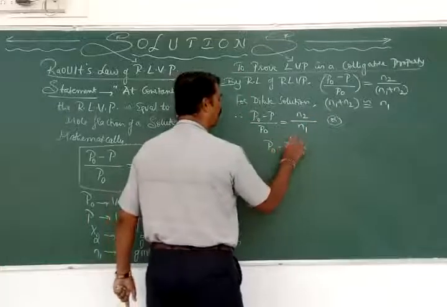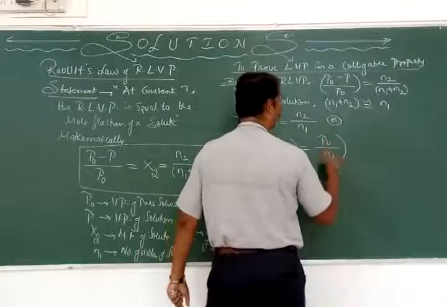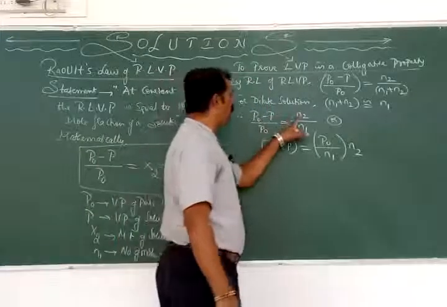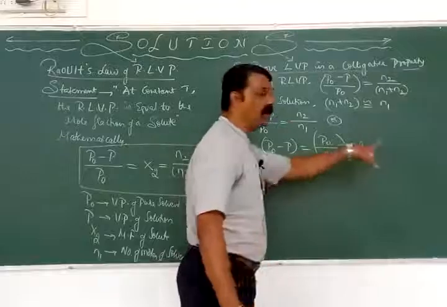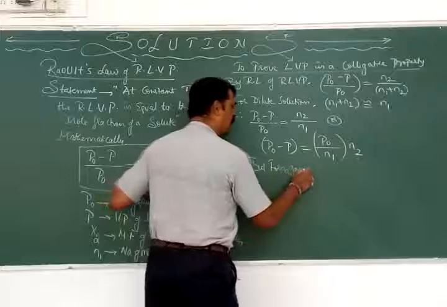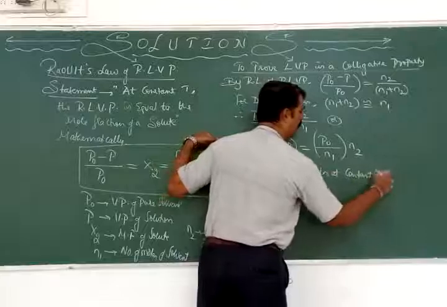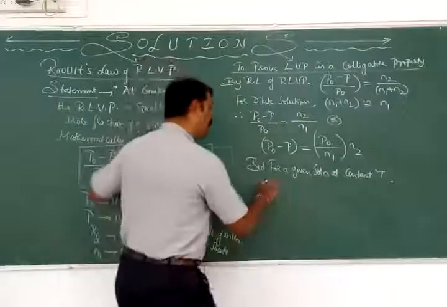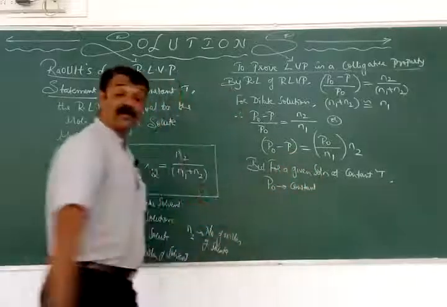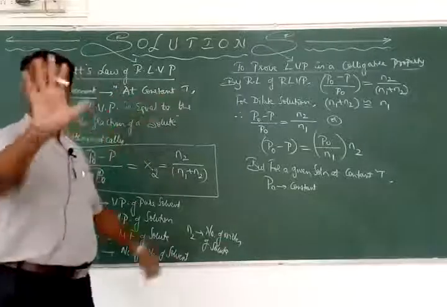or P naught minus P is equal to (P naught divided by N1) into N2. But for a given solution at constant temperature, P naught is constant. What is P naught? The vapor pressure of the pure solvent at constant temperature, which is always constant.